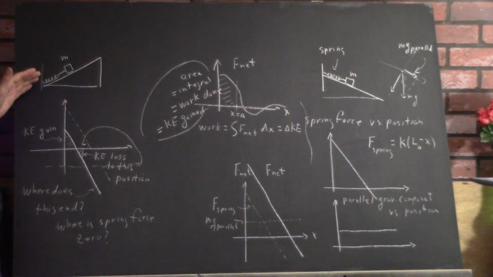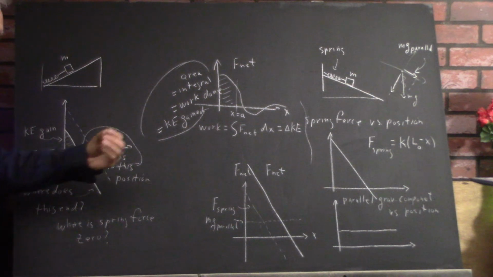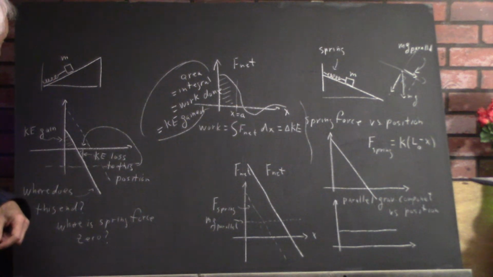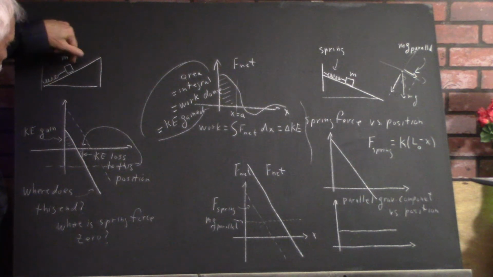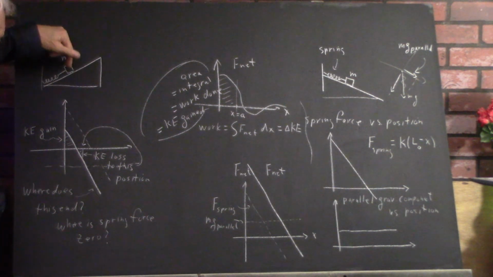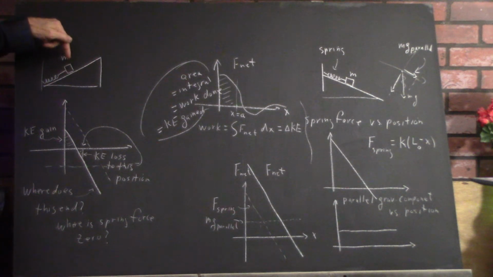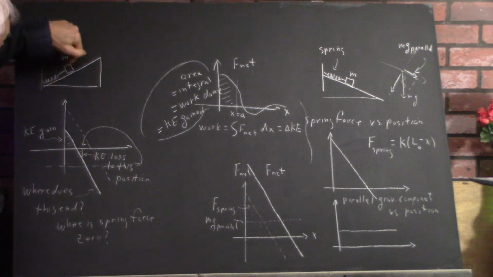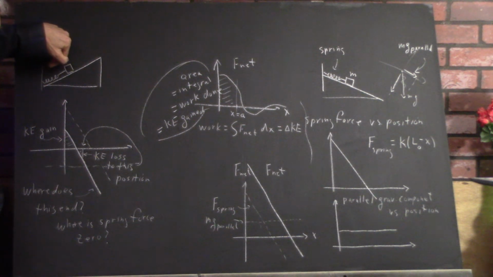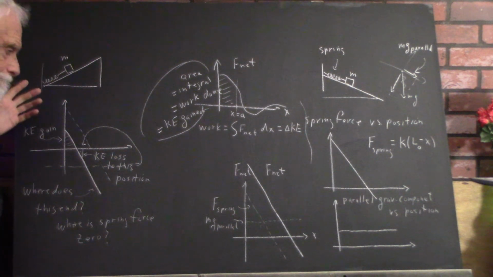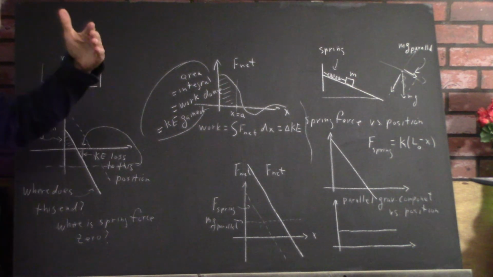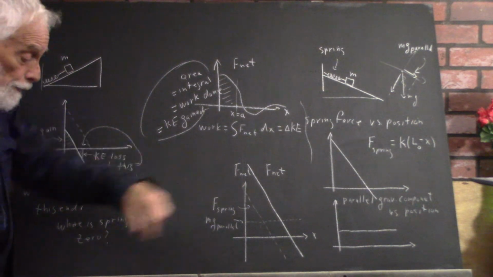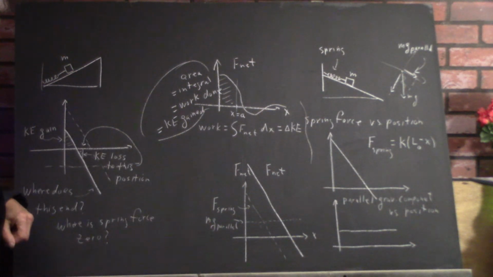The decreasing spring force is like the decreasing magnetic force, and the constant component of the weight of the object back down the incline behaves like a constant frictional force. Now the function for the spring is a straight line. For the magnet, it's a steep decline, then a very gradual approach to zero.